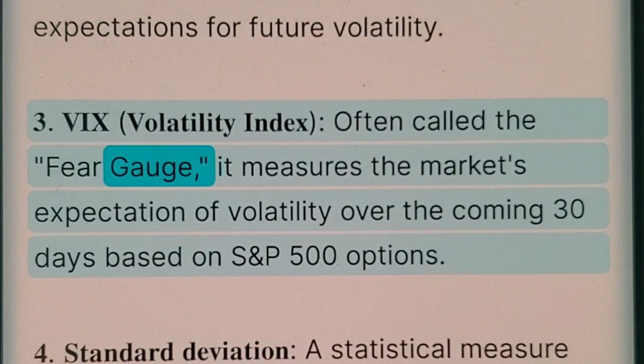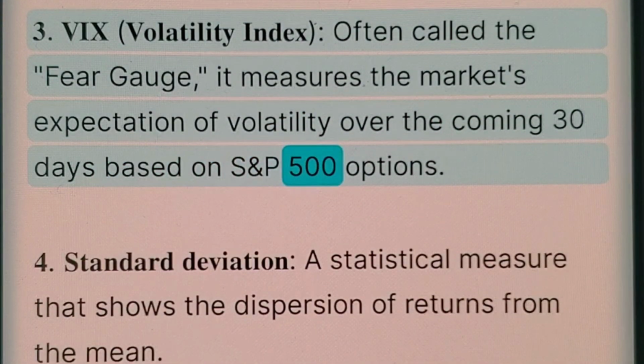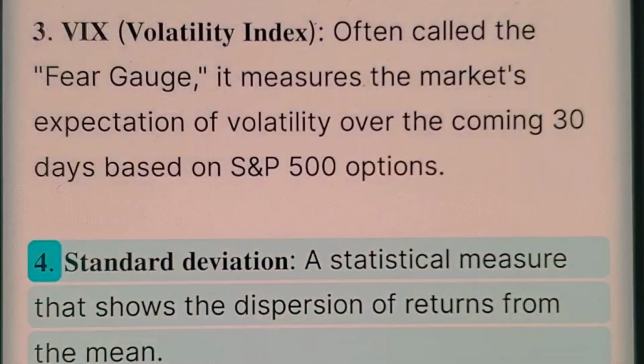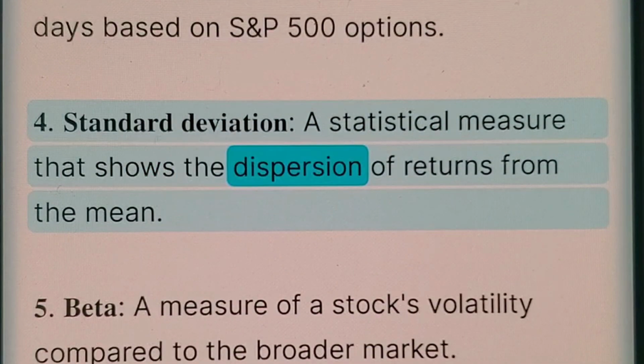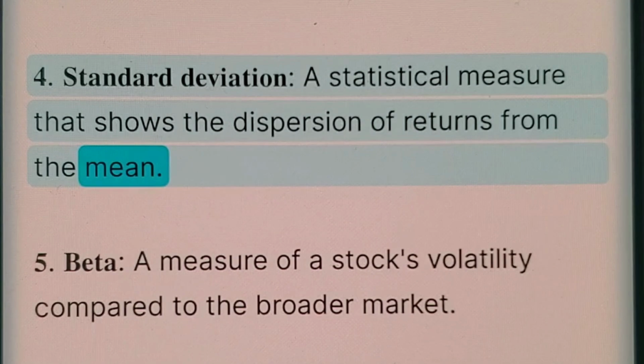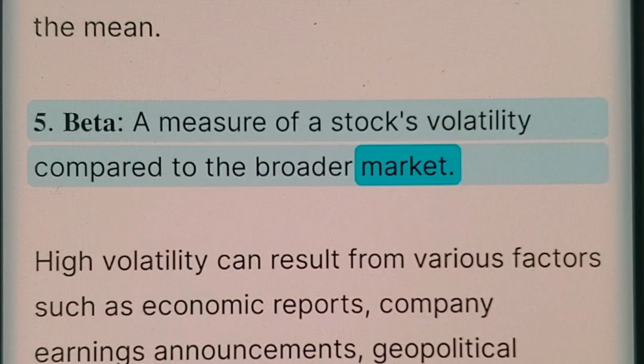Often called the fear gauge, it measures the market's expectation of volatility over the coming 30 days based on S&P 500 options. 4. Standard deviation, a statistical measure that shows the dispersion of returns from the mean. 5. Beta, a measure of a stock's volatility compared to the broader market.